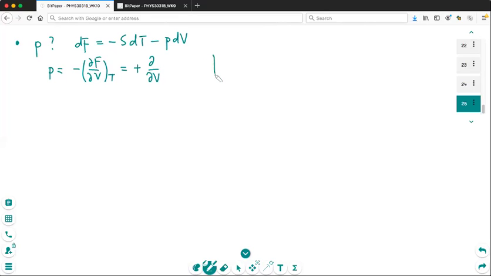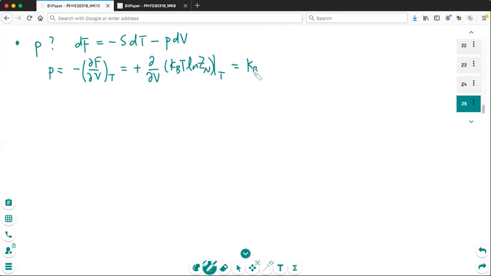And then you differentiate something with respect to volume, keeping temperature constant. That something is kBT log Z. I told you temperature is constant, so you can pull it out.